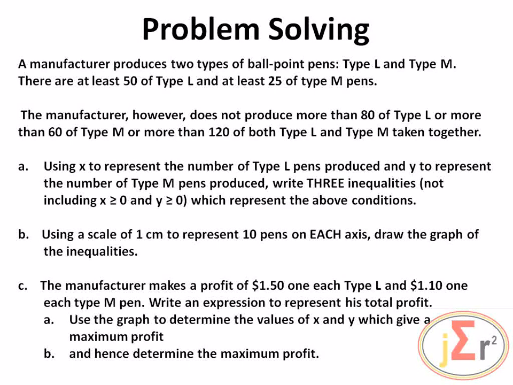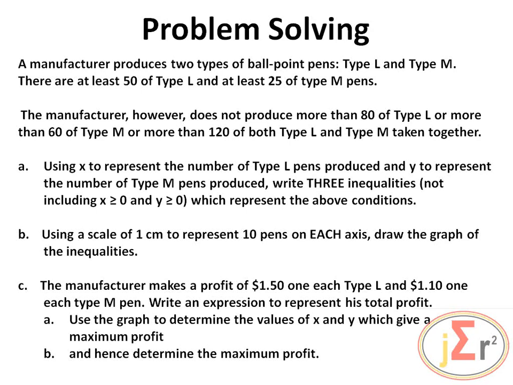Using x to represent the number of type L pens produced and y to represent the number of type M pens produced, write three inequalities, not including the trivial inequalities that we have discussed already, not including x is greater than or equal to 0 and y is greater than or equal to 0, which represent the above conditions.